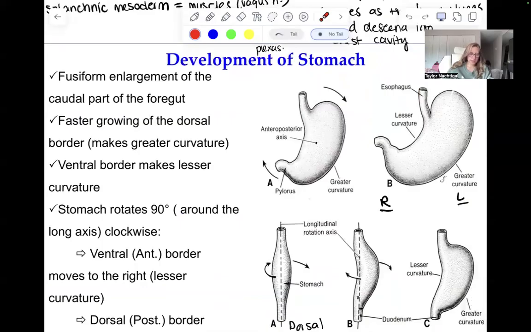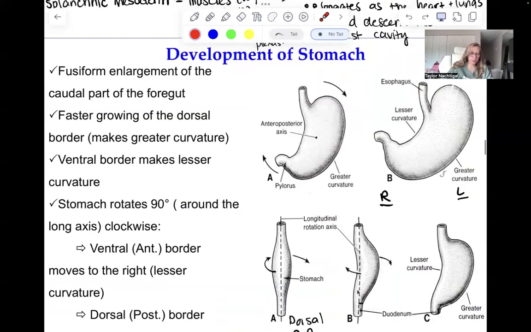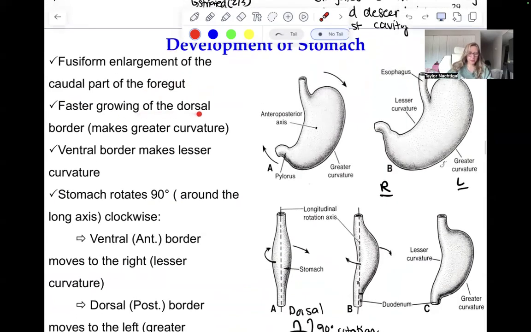Development of the stomach. So we see a fusiform enlargement of the caudal part of the foregut. So we're still in the foregut, but we're moving to the caudal end. We see a faster growing of the dorsal border, that's this back side. Because the stomach, when we look at it in us, has the greater curvature to the left side and the lesser curvature to the medial aspect of the body.